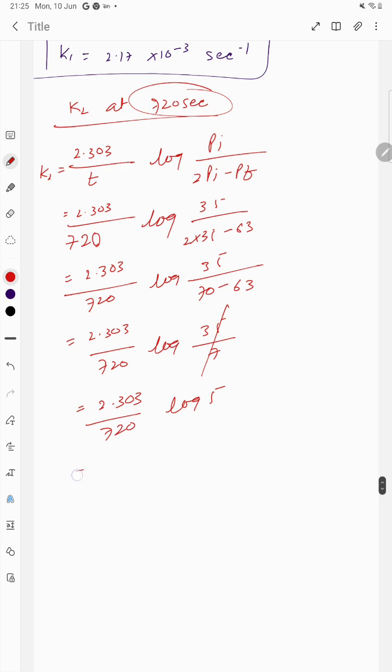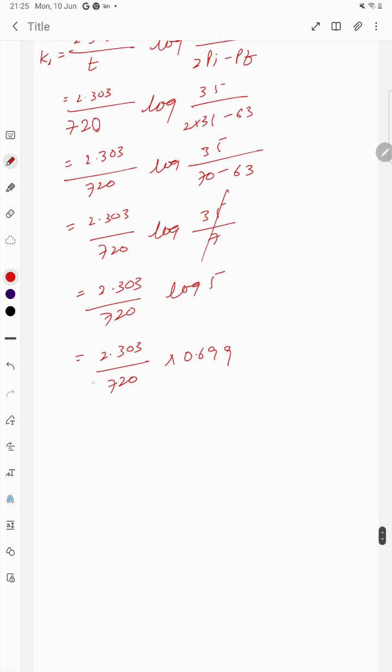The value of log 5 is 0.699. Solving this, it comes 2.236 into 10 power minus 3 second inverse. This is K2.